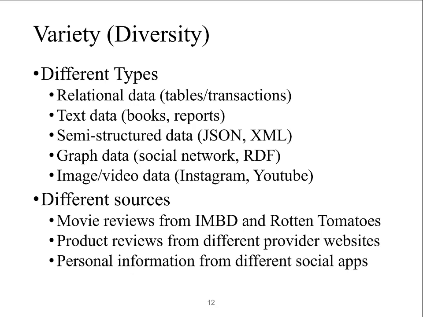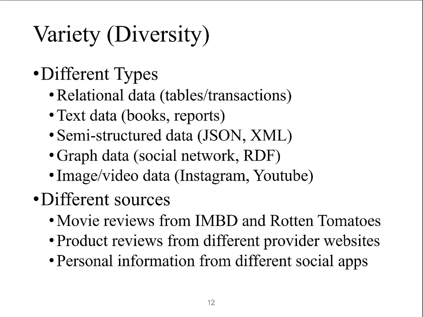All right, now let's look at the second V, which is variety. So variety refers to the diversity of data. There are many different aspects to describe the diversity of data here, but we are mainly focused on two aspects. One is different data types, and the other is different data sources.